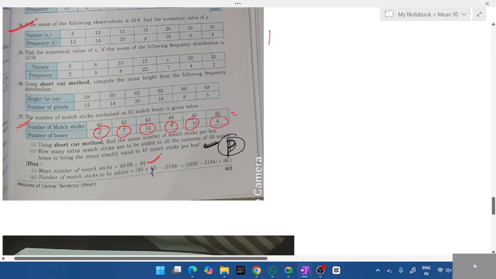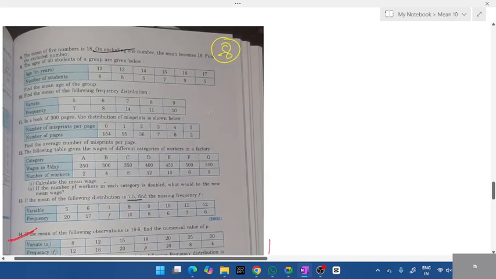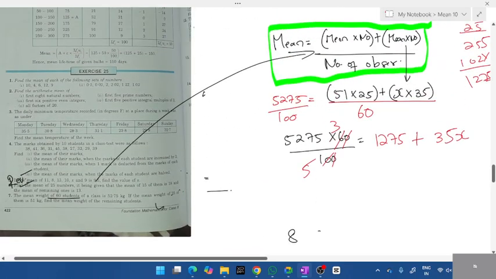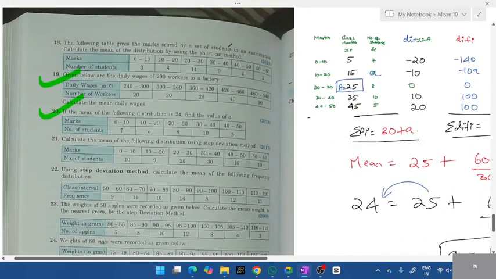All of you will keep this as pending. 17th means second one. I think I've completed all the other questions. And this question, eighth question pending. Other things I've done. From 1 to 20 we have completed. 1 to 20 everything is done.